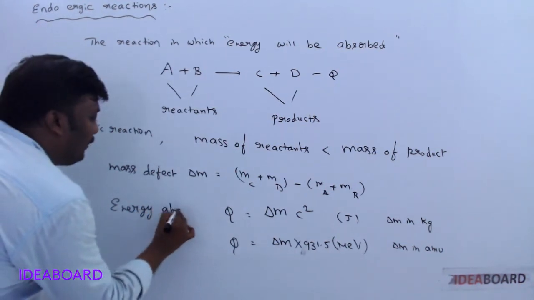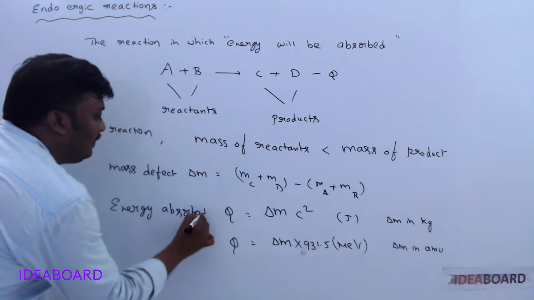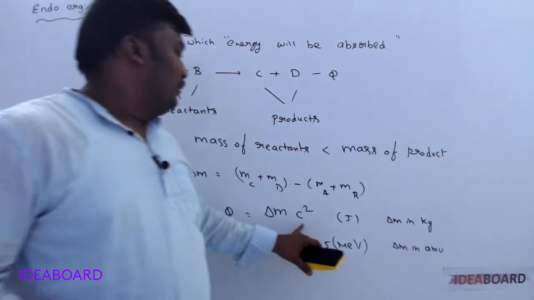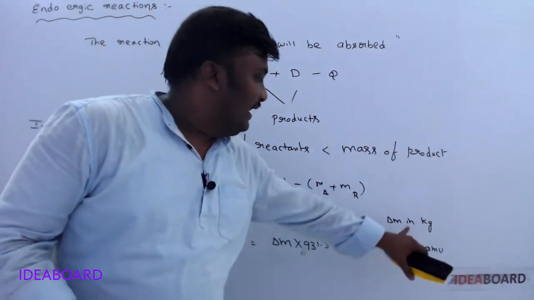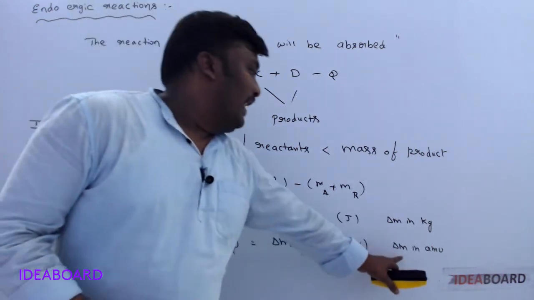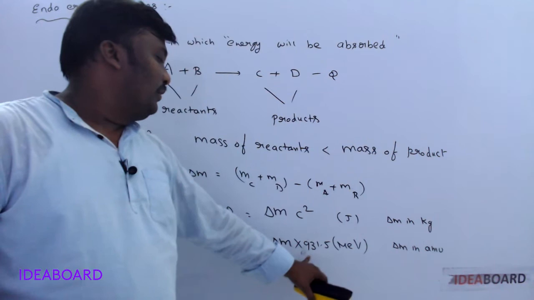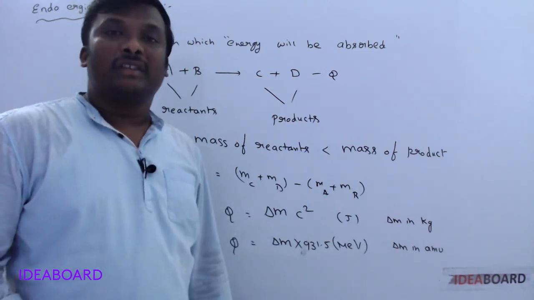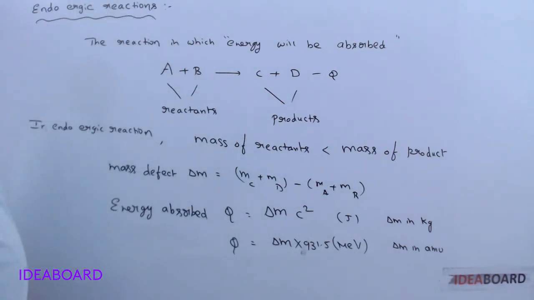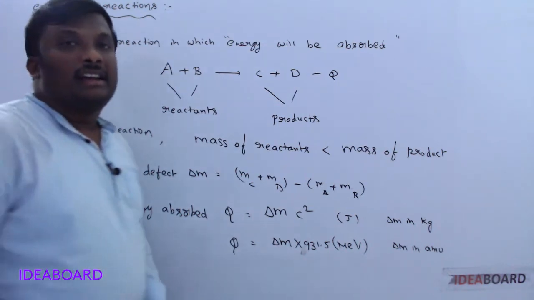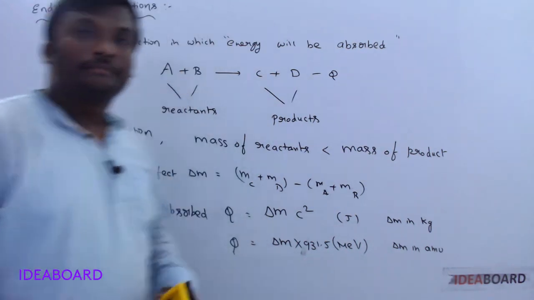The energy absorbed is again mass defect into C square if delta M is given in kgs. If delta M is given in AMUs, then the formula becomes delta M into 931.5 MeV. Okay, this is endoergic reactions.